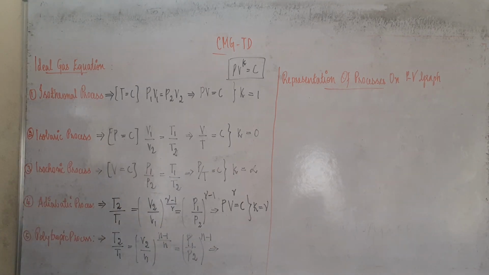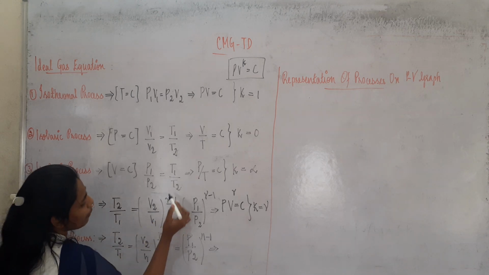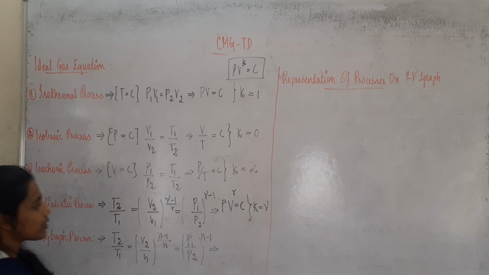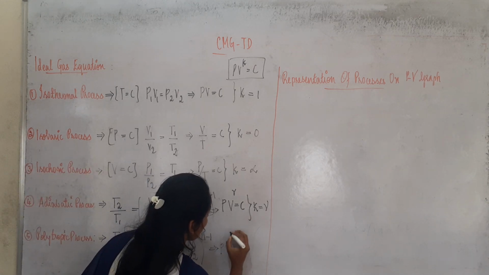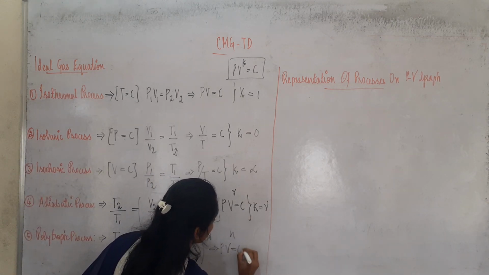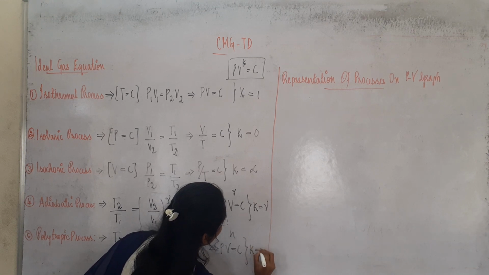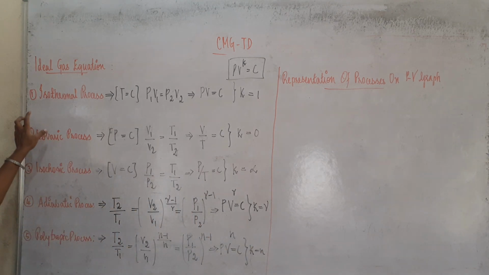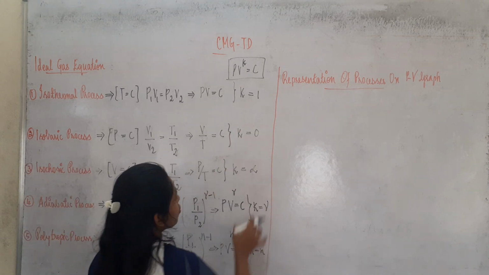So the difference between this and the adiabatic one is that instead of gamma we put n for polytropic process. Now here PV^n is equal to constant and the value of K is n. So these are the processes in ideal gas equation, and these are the formulas, and these are the values of K.